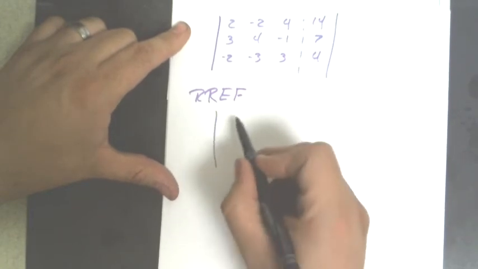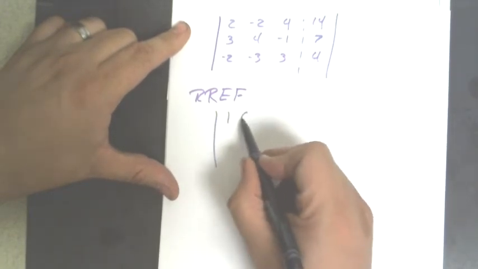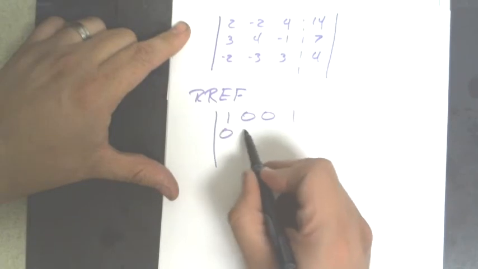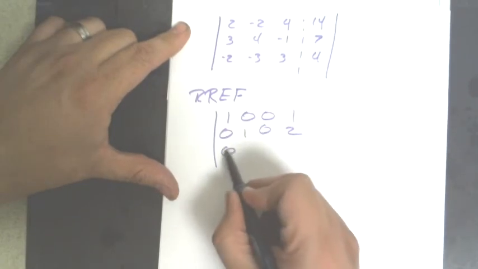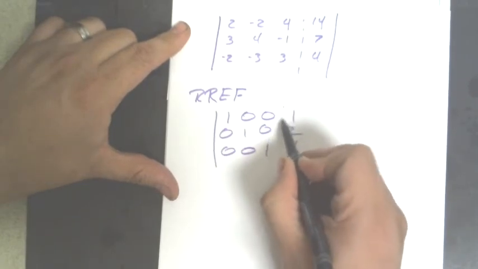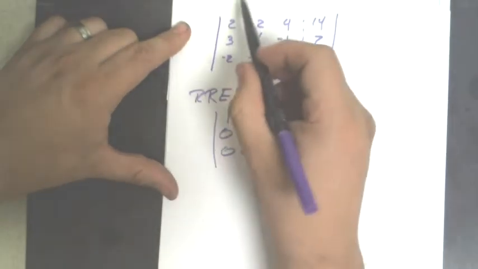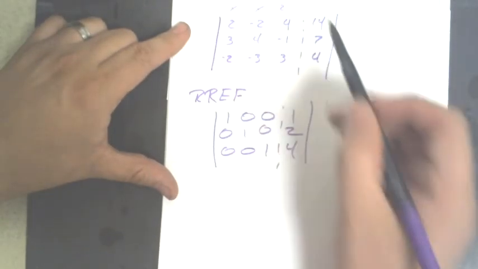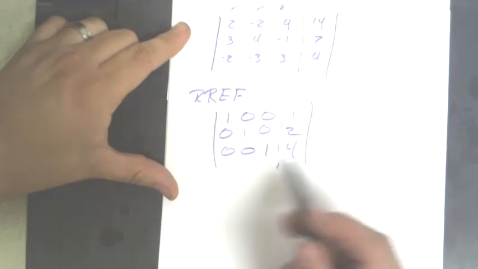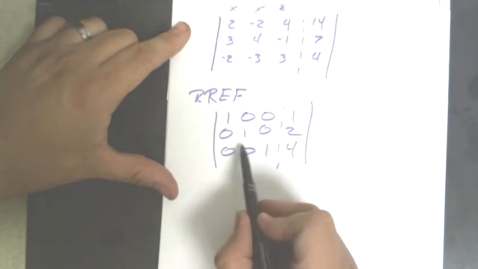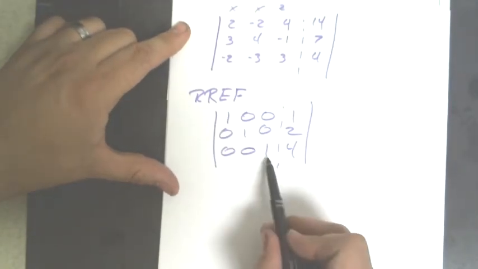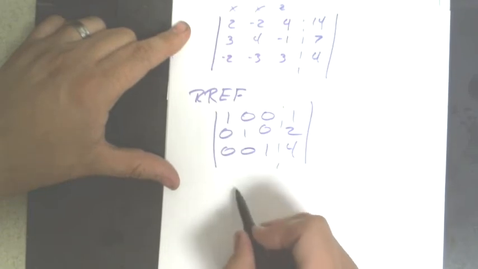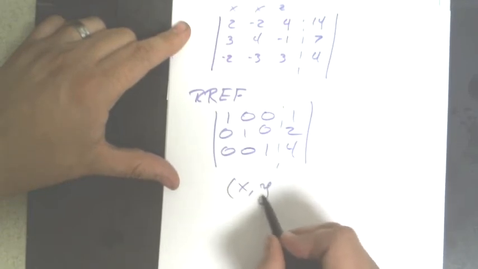And that reduced row echelon form should look like 1, 0, 0, 1; 0, 1, 0, 2; and 0, 0, 1, 4. Because again, these are all your x's, your y's, and your z's, right? So 1x equals 1, 1y equals 2, 1z equals 4. That's your solution, your x, y, z.